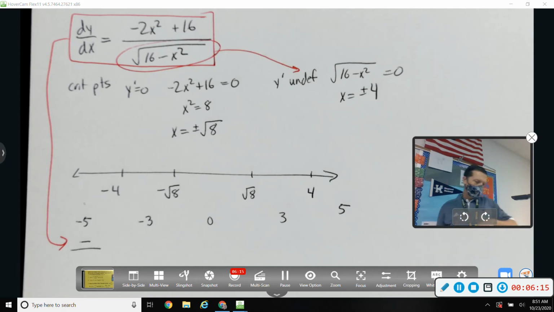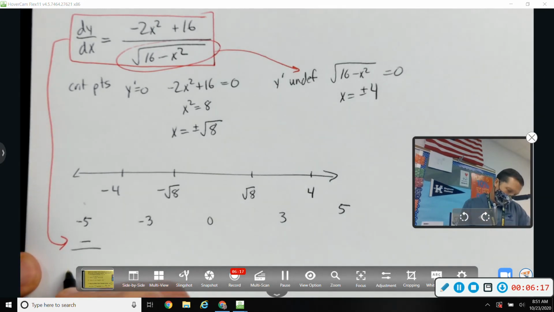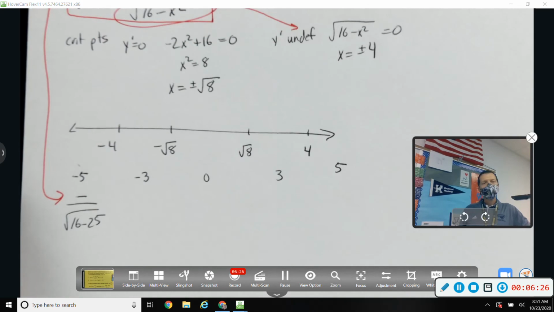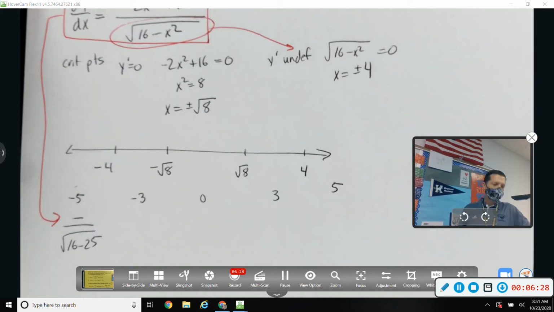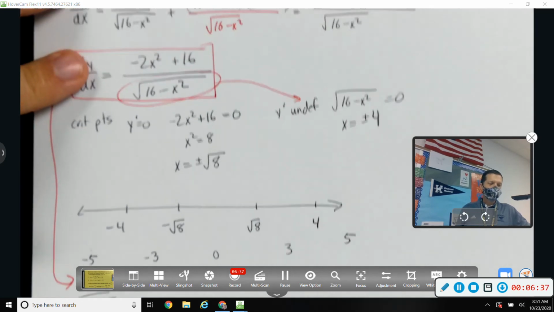Over, let's see, square root of 16 minus 25. Uh-oh. What's going on there? Square root of a negative number.